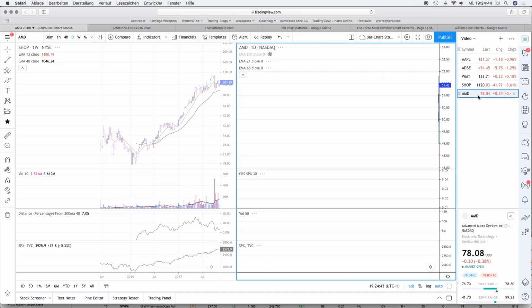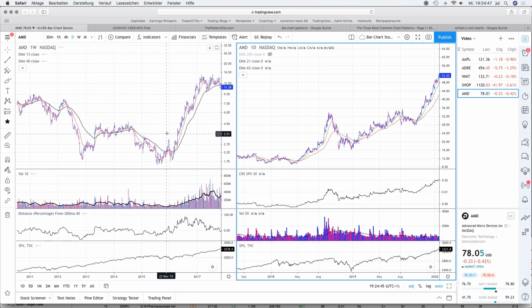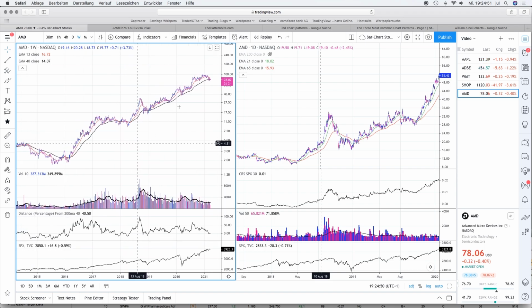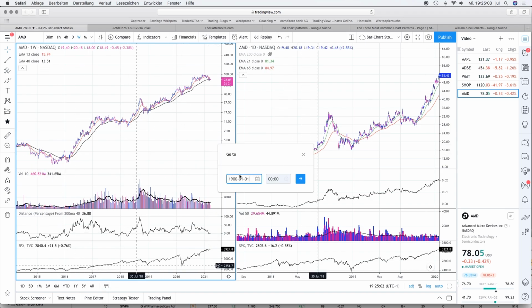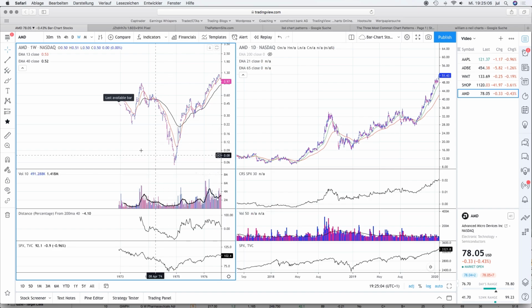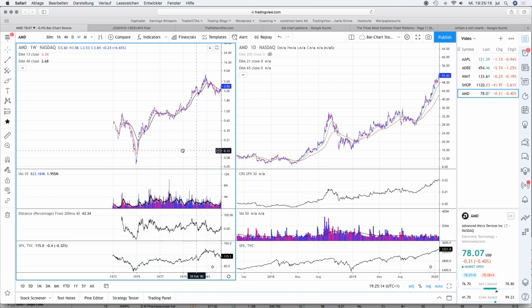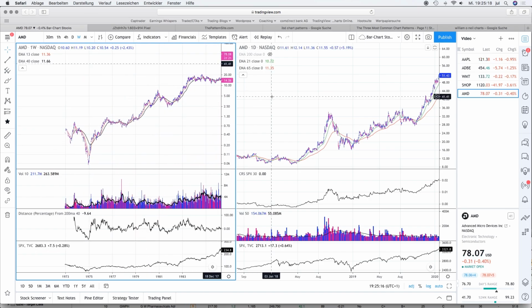Let's look at AMD, for example. That's another stock that most people know today, and you can see the monster rally here in the last years from 160 to almost $100. But when you go back in time with AMD here, it started in 1973 as maybe a small cap company, and then you can also study the whole history.